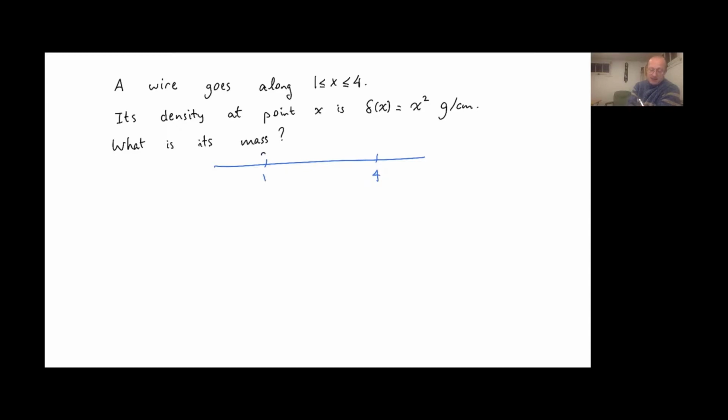At this end, the density is 1. At the far end, the density is 16. We can schematically draw this by drawing a thicker line. It doesn't necessarily mean that the wire is actually thicker. It might be the same size wire, just more dense.